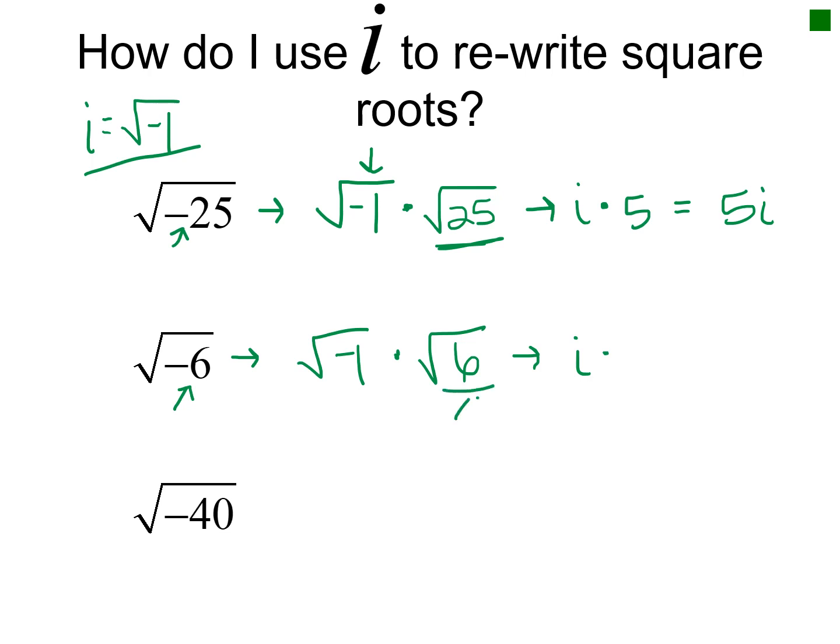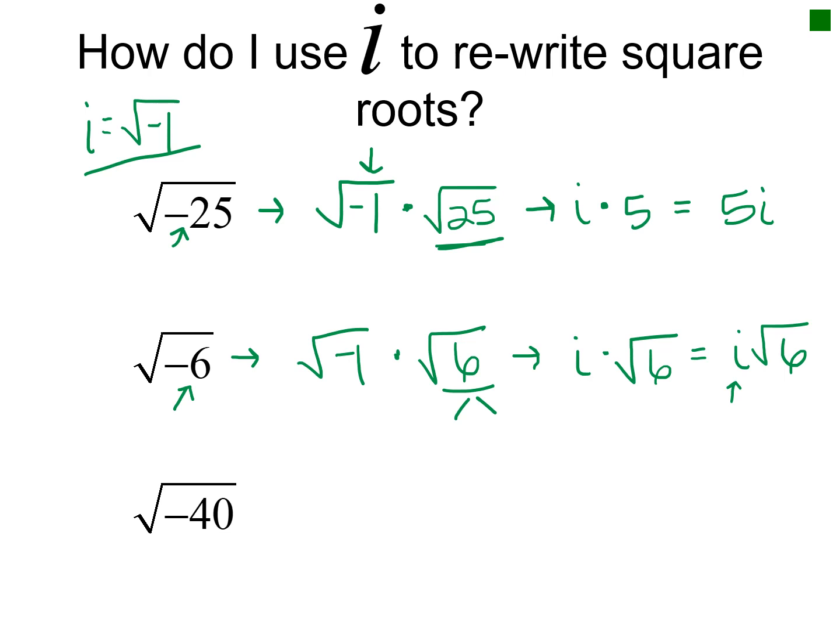So then we have to think, can I break 6 down into a perfect square? Is there a perfect square that goes into 6? We don't have one, so we will leave it as the square root of 6. So the way we would write this final answer is i times the square root of 6. And this time, i is in the front, because if we put i in the back, it might look like it's under the square root, and we don't want that. So we'd keep that i out front here.